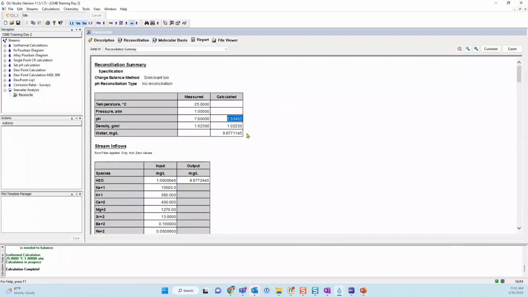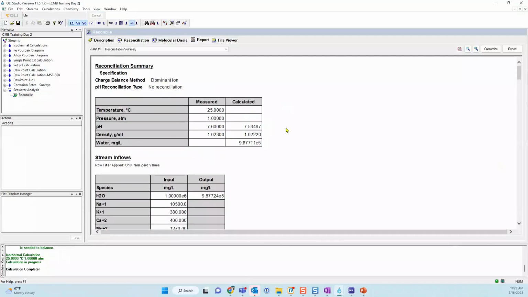So in here, you'll see that the pH calculated by the software is 7.53 compared to the measured 7.6. I call this actually a very good match. I don't think we need to do any type of reconciliation by pH or anything like that. The density value is also very close, so we shouldn't worry about that. So I would say measured values versus calculated values are good, or they match, they're similar.